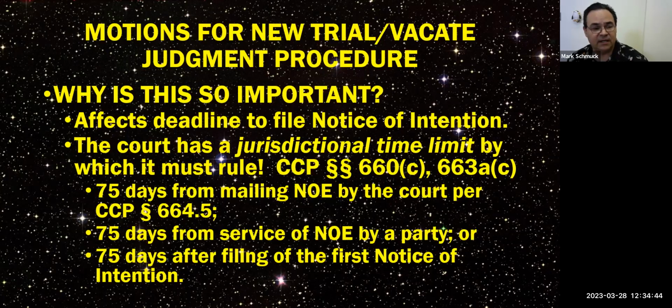Again, going back to our practical matter, in Contra Costa County, since we don't include 664.5 language in our papers, you're really dealing with the last two options, either 75 days from service of a notice of entry by a party, or 75 days after the filing of the first notice of intention. That is the deadline by which the court must make a decision on a motion for a new trial or motion to vacate judgment.